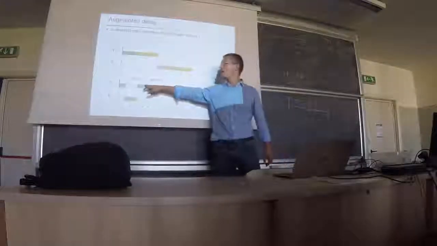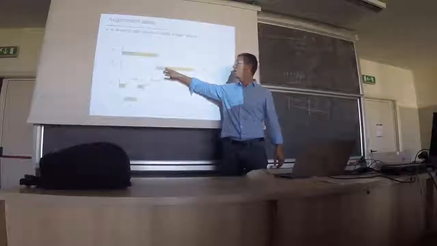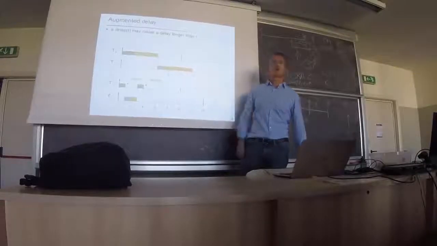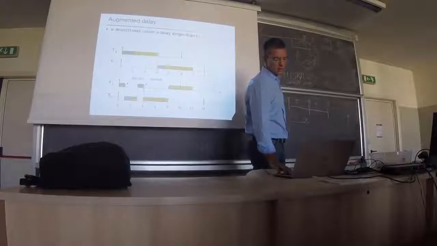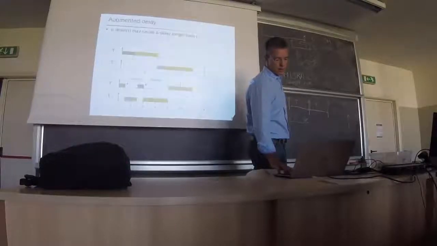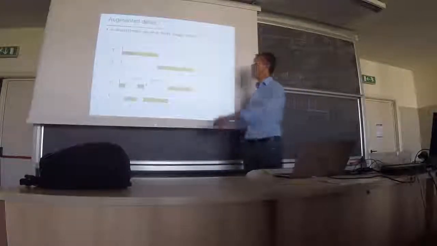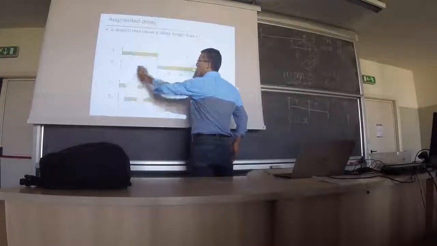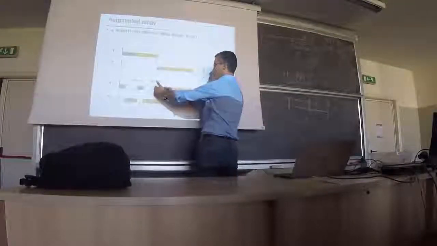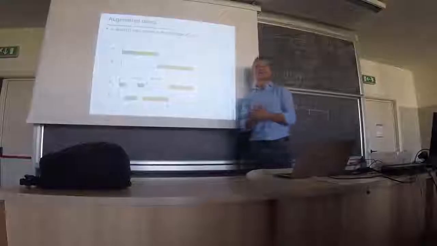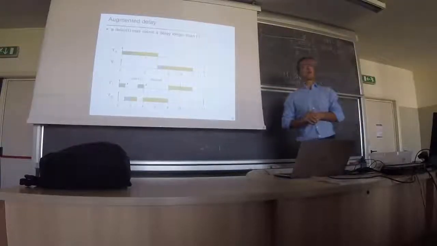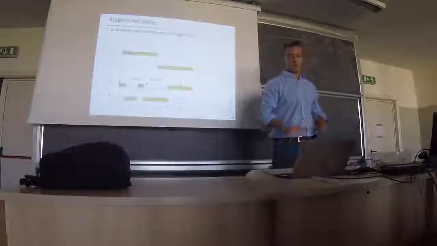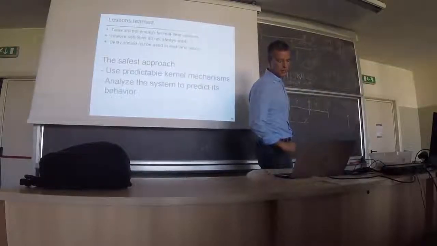So it now needs to wait for the whole critical section of tau 2 to be executed, and only then will it be able to execute. So a delay of 2 caused a delay of much more than 2. It is not linearly reflected in the response time of that task.